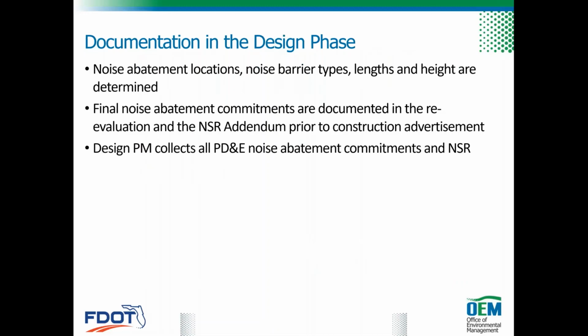And then the required documentation in the design phase would be the noise abatement locations, the noise barrier types, lengths, and heights. And then the final noise abatement commitments are documented in the reevaluation and in the addendum to the noise study report prior to construction advertisement. And then the design PM collects all PD&E noise abatement commitments in the noise study report.